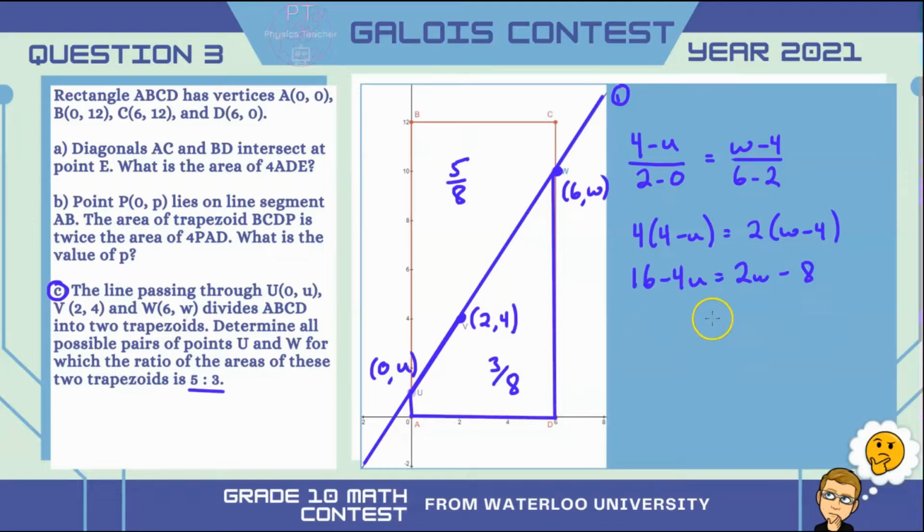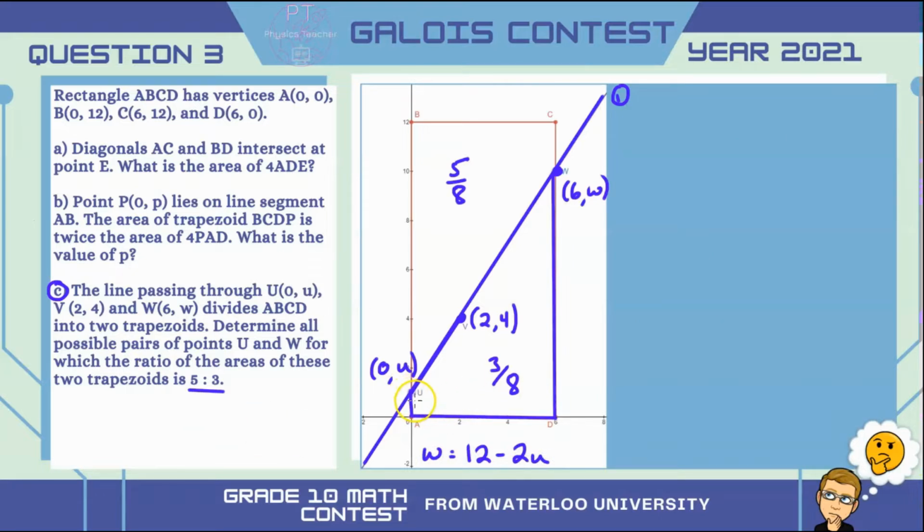So we can divide everything by 2. So we'll have 8 minus 2u equals w minus 4. Or solving for w, we get w equals 12 minus 2u. Alright, so I'm going to write this equation here, and we're going to save it for later.